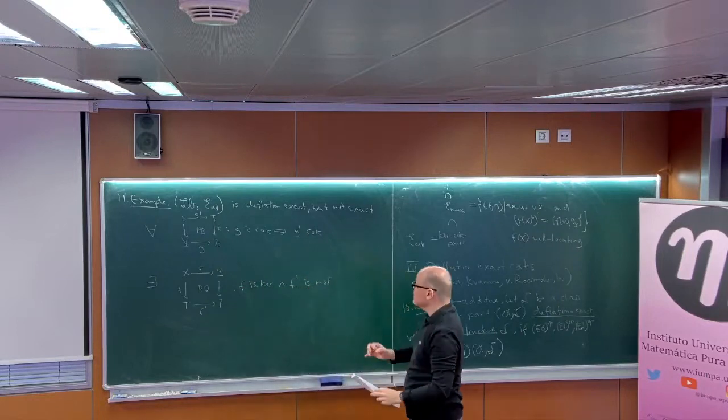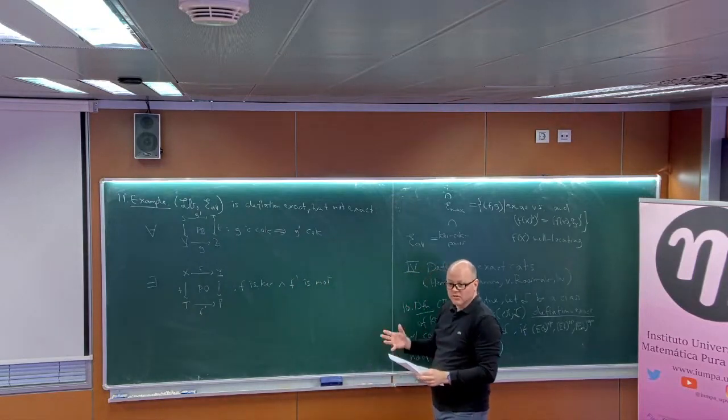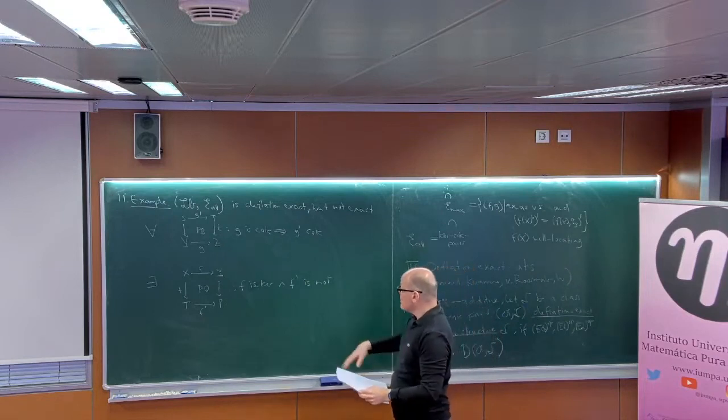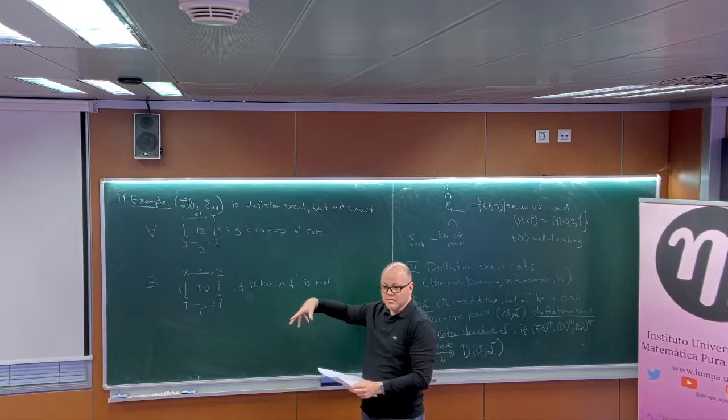And the kernels in this category are the injective maps with closed range. So it's not arbitrary injective maps, and it also need not be a limit subspace.